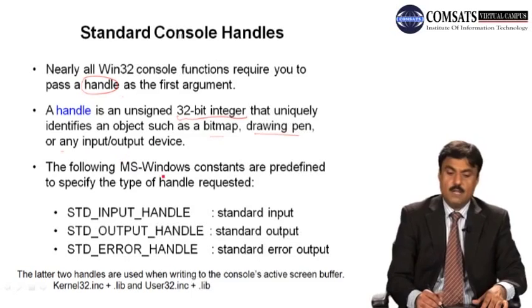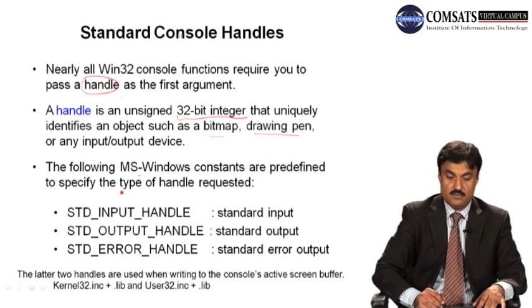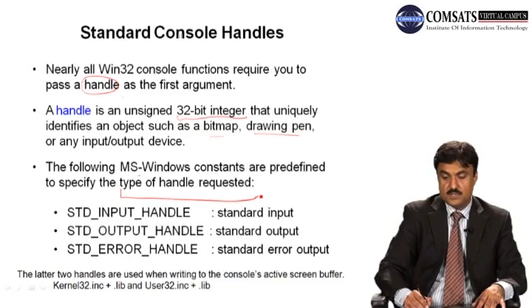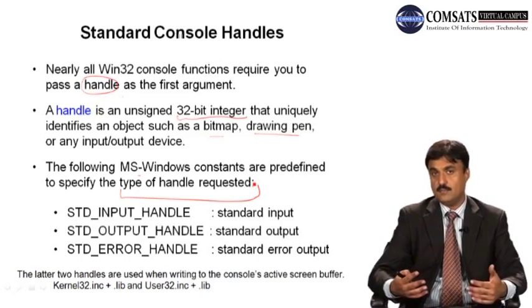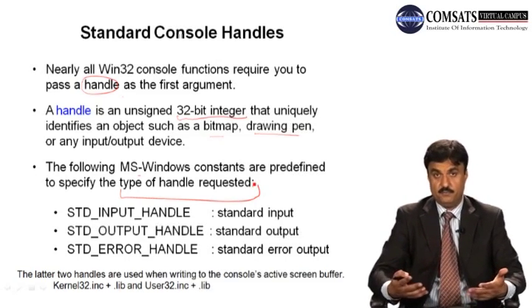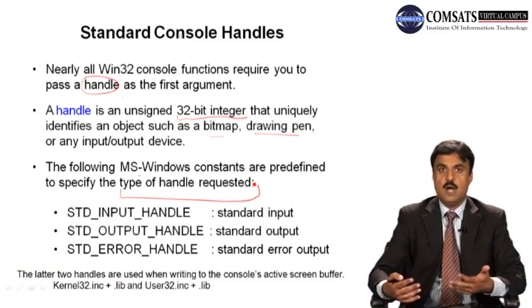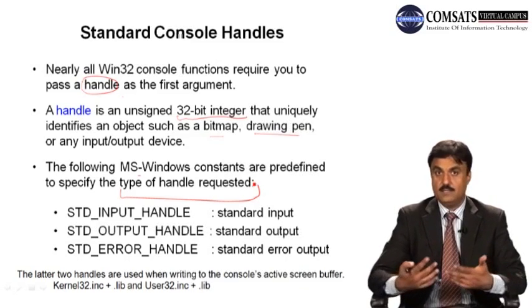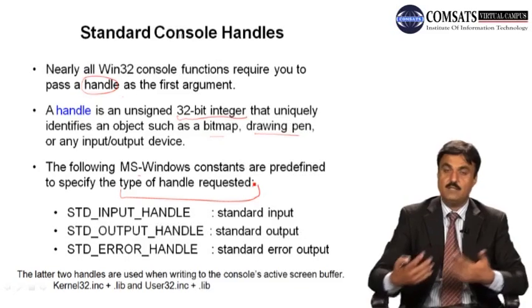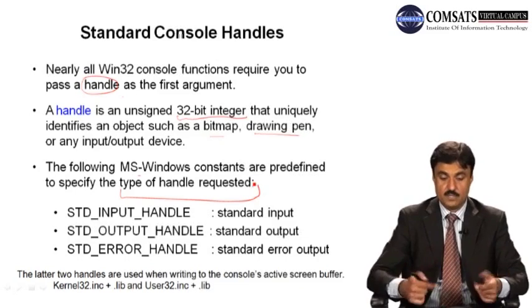Now Microsoft Windows has predefined constants to specify the type of handle request. So we need to request the handle. For example, if I want to use an input device or input buffer, whatever data comes from the keyboard, I want to access that area. So I will be given the handle, and I will use this handle inside other functions to interact with that object.